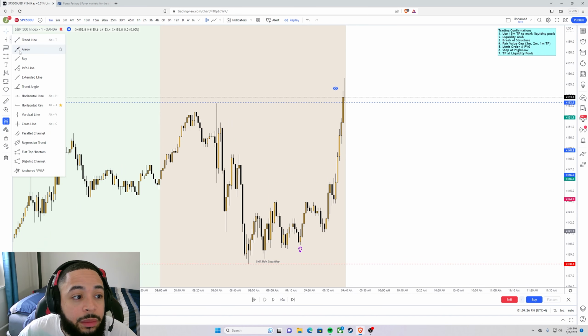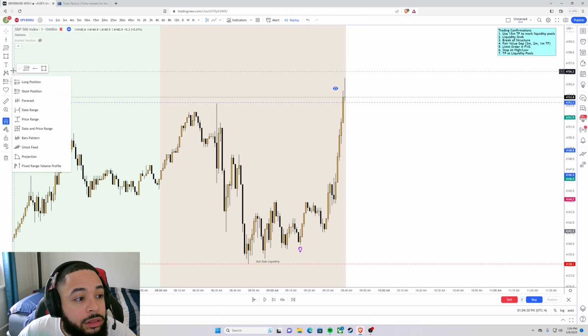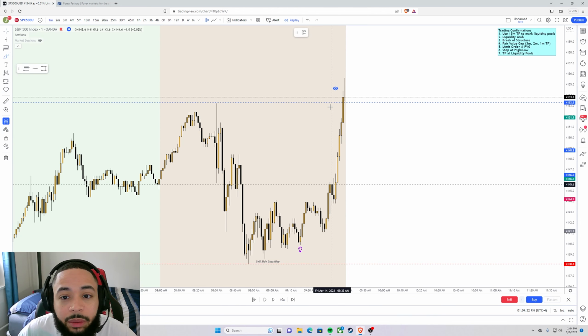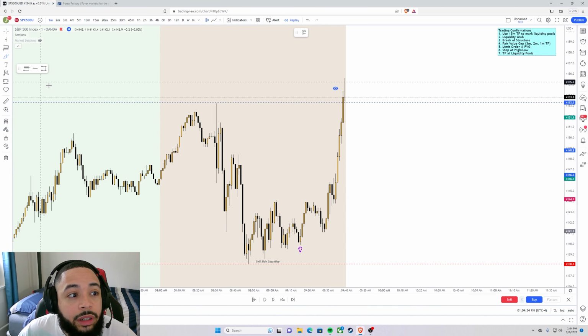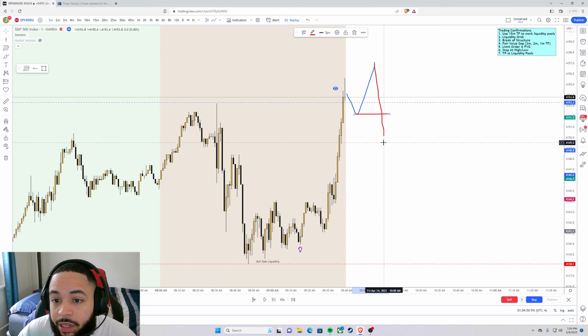I'll just show you guys with a brush, right? So I would love to see something like this: push up, and then price retrace a bit, go back up, and then push down and break this last structure point.